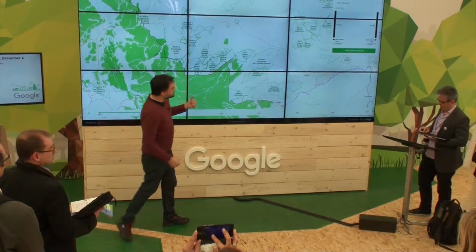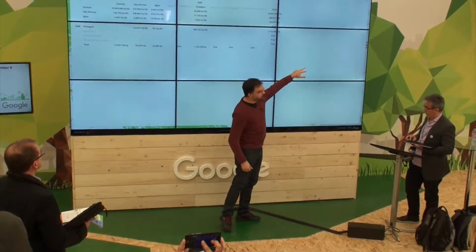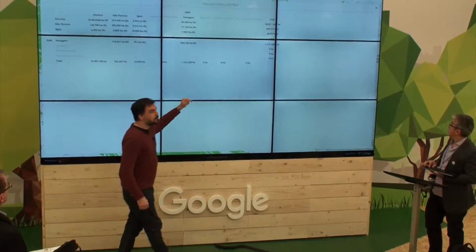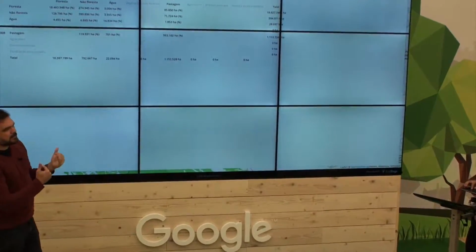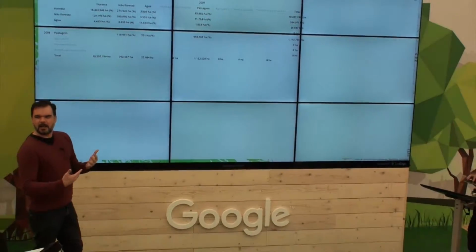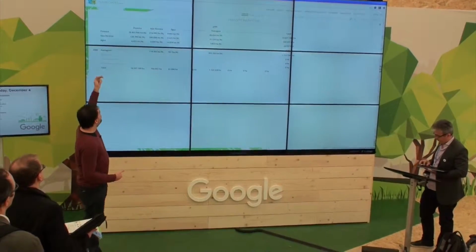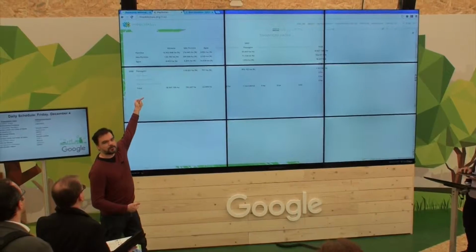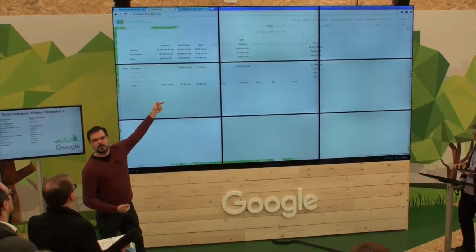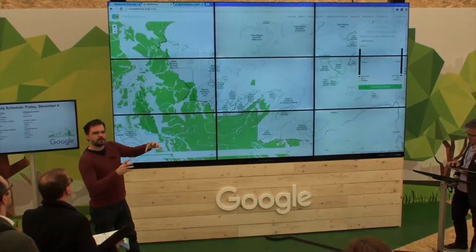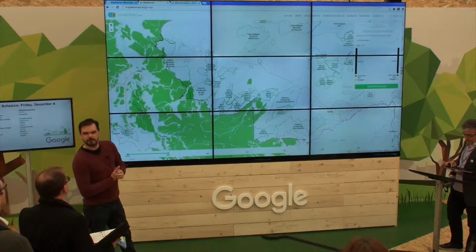And we have here a transition matrix. That's the data that's used to analyze carbon emissions. So we know how much forest was converted to pasture, to agriculture for each region of Brazil.